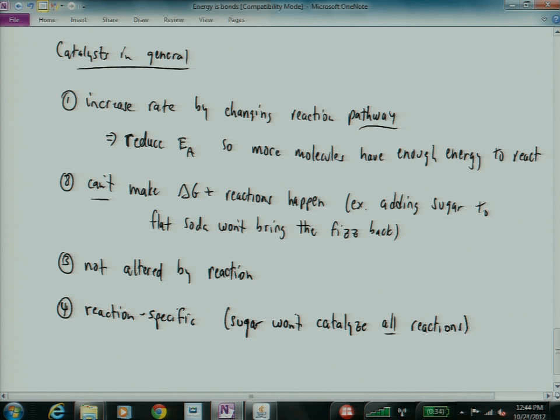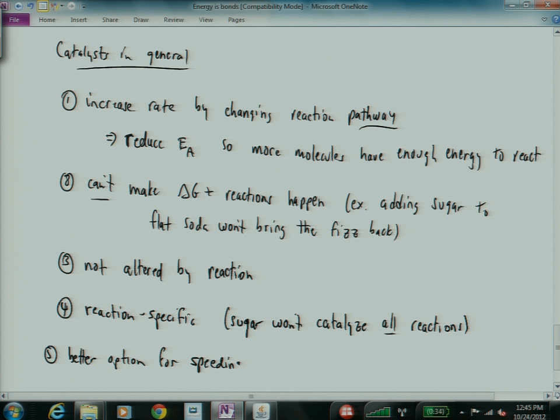And the last thing is that they are a better option for speeding reactions in living things than heat. Right?